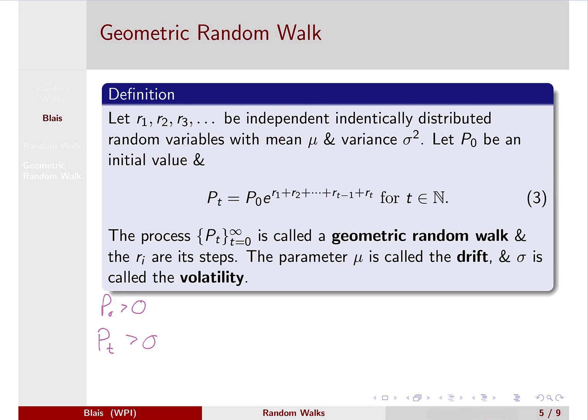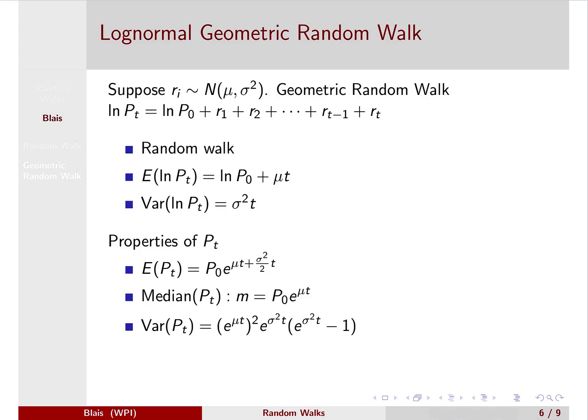And let's note, it's not an accident that we chose little r's for our steps here, or P for the value. Think log returns and price, which we will now flesh out. But it's important to talk about the case where the steps we assume to be normal, mean mu, variance sigma squared.